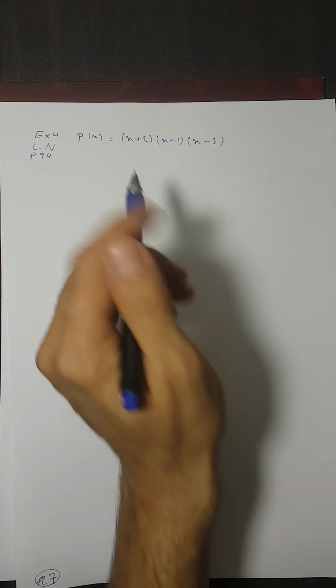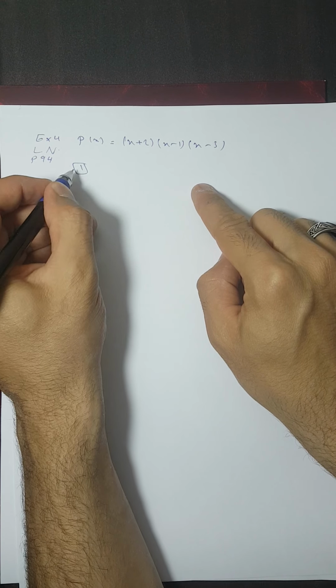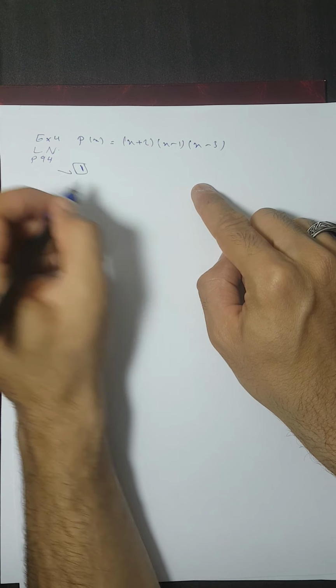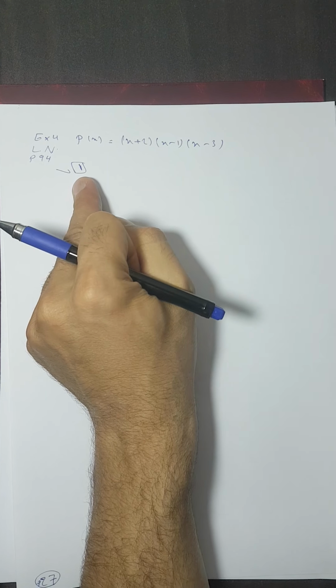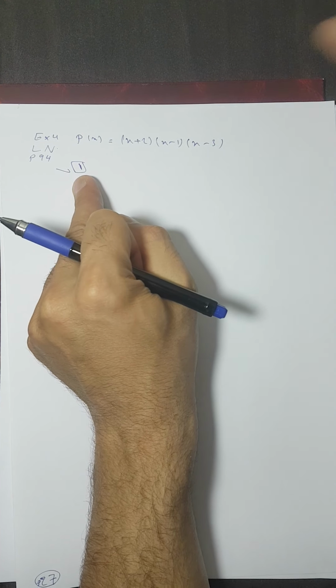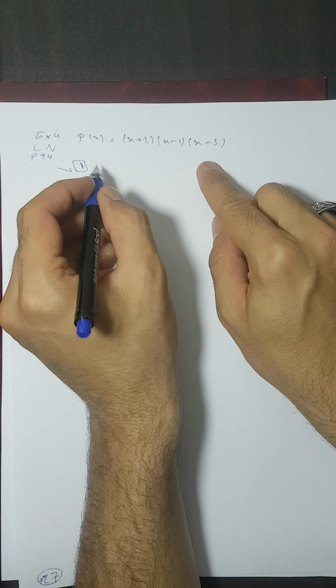First of all, because you have a factored form in the example, it means that in the guidelines you passed the first key. You can do it easily, because here is your factor. Now, where are the zeros?